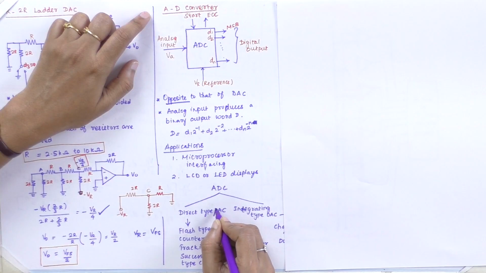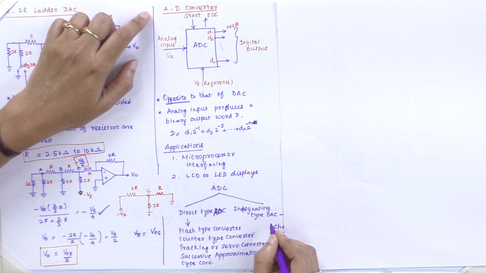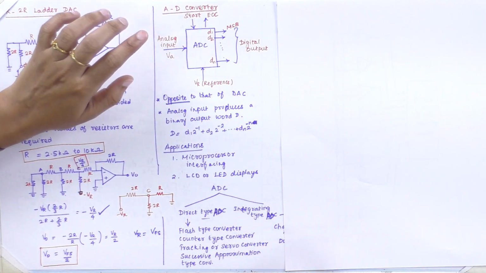Here we can classify the analog to digital converters into two types: direct type ADC and integrating type.